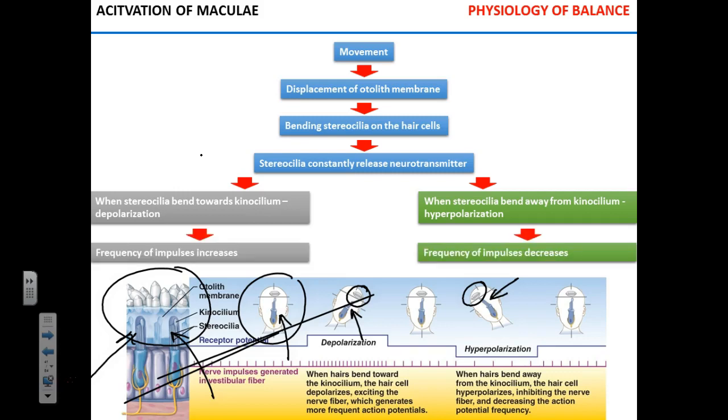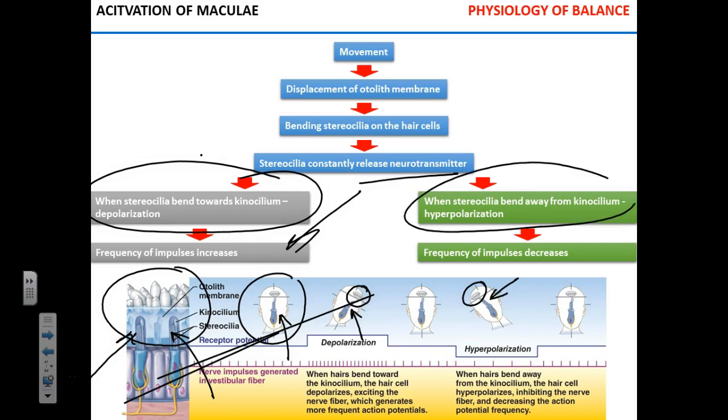When the cell is depolarized, more neurotransmitter is released, and the frequency of impulses goes up. When the cell is hyperpolarized, less neurotransmitter is released, and the frequency of impulses goes down.